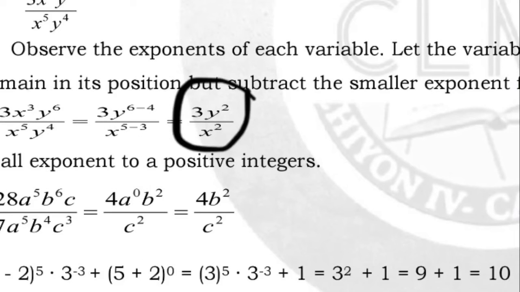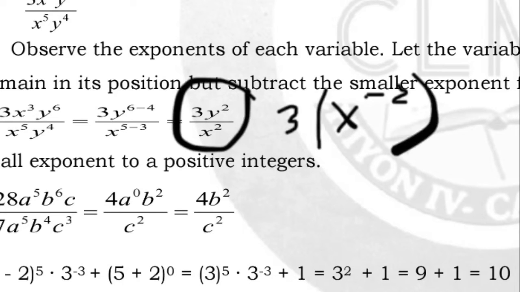Or another way of solving this one is you're going to have 3, then x cubed over x to the power of 5, so x to the power of 3 minus 5, that will be negative 2. Then y to the power of 6 over y to the power of 4, that will be y squared. Okay?